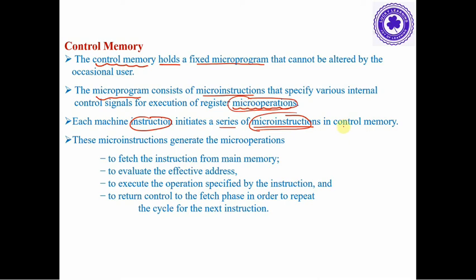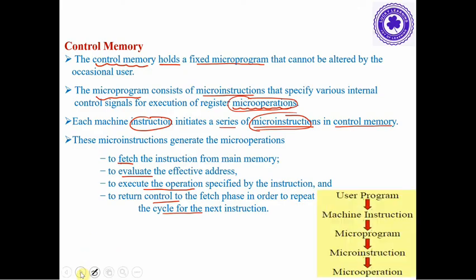These micro instructions are stored in the control memory for fetching the instruction from memory, evaluating the effective address, executing the respective operations, and returning control back to the next instruction. We have to use control memory.